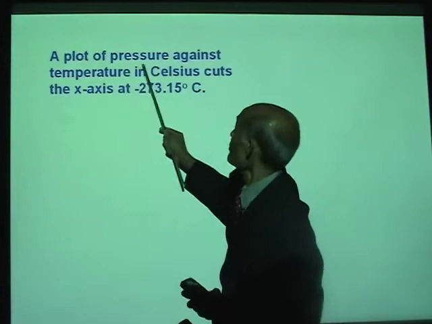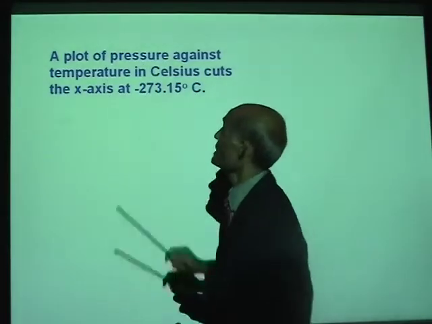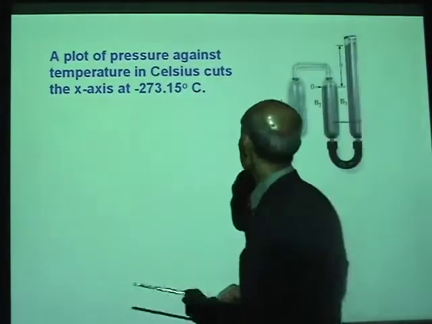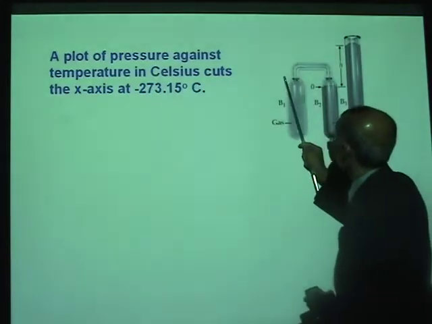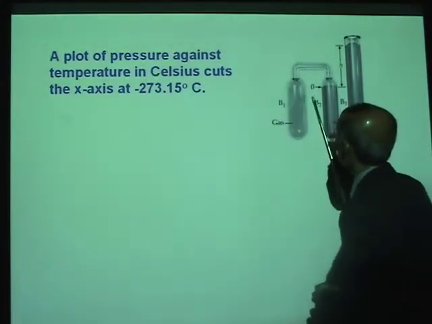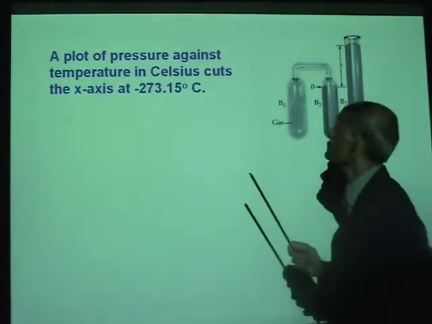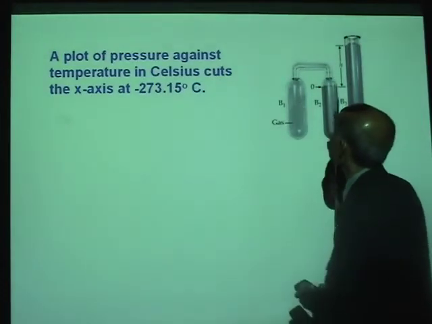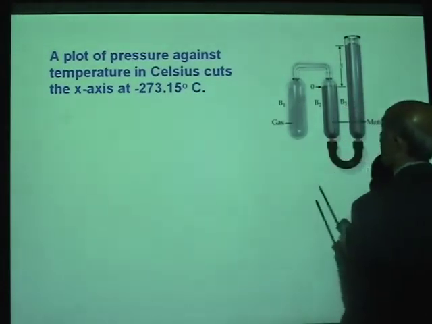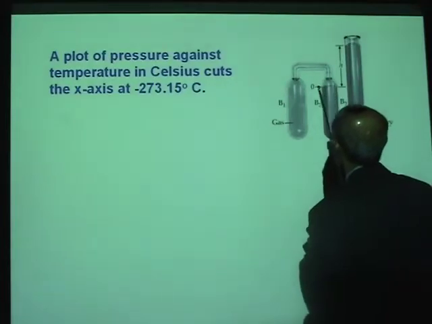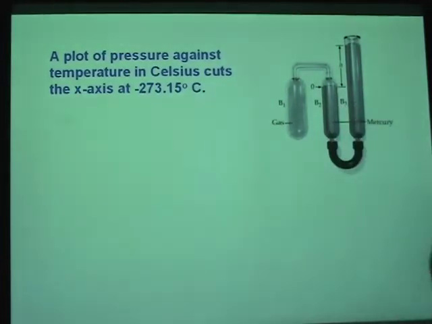So a plot of pressure against temperature we can plot as a result of that. So what did I say we do? We cover the bulb with melting ice and measure its temperature, measure its pressure, making sure that the volume is a constant. So I can make a table.